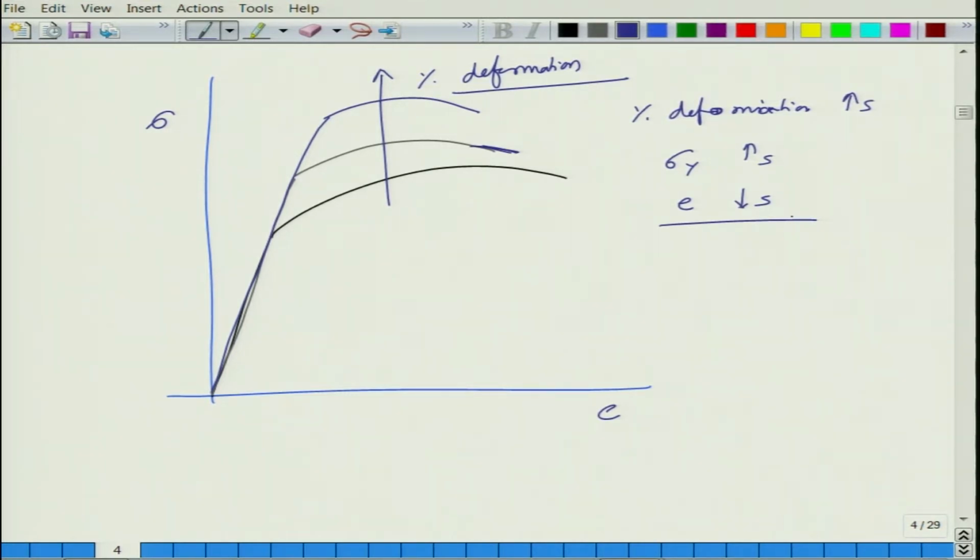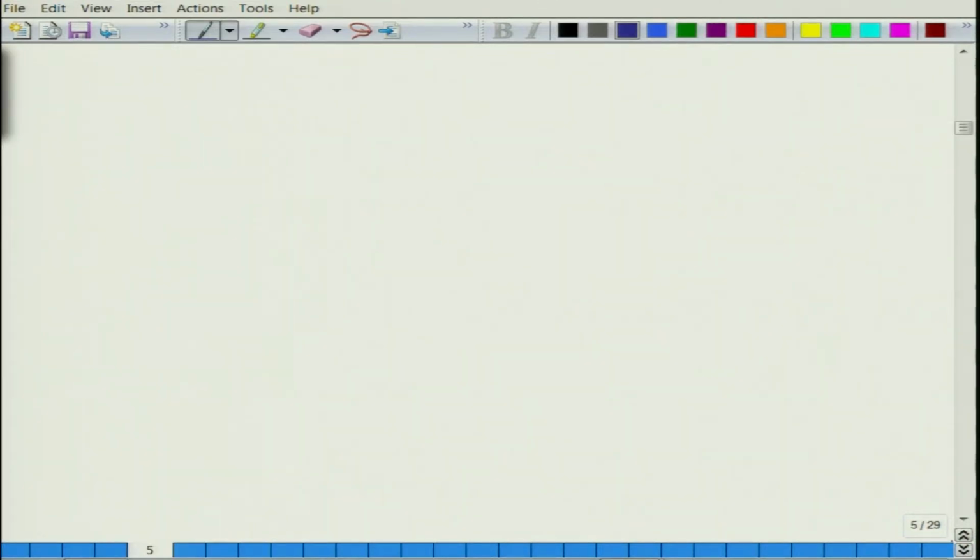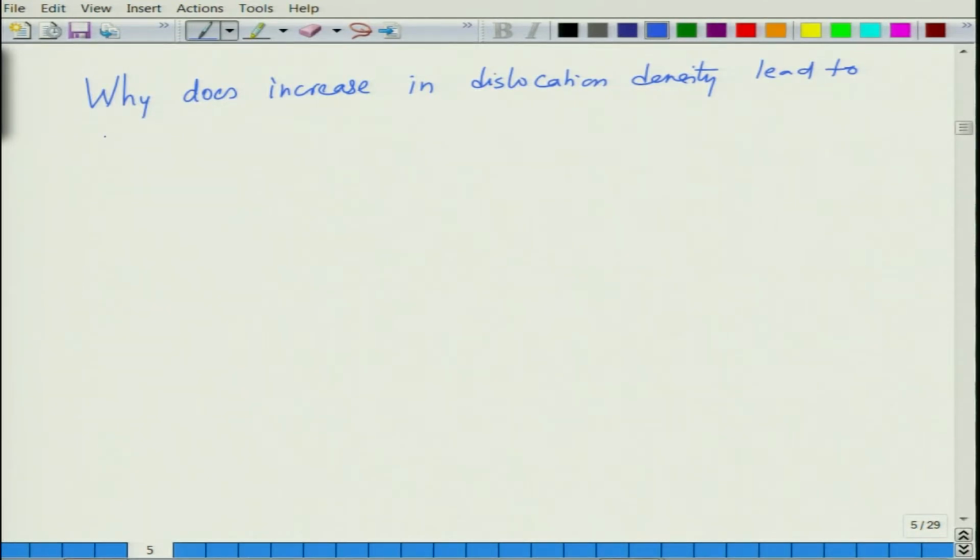We will come back to this maybe later on, but the question was, why does an increase in dislocation density lead to an increase in strength? And this we said is counterintuitive, because we said that dislocations are weaknesses, they give rise to lower stress. So, why is it that when they increase in number they give rise to an increase in strength?